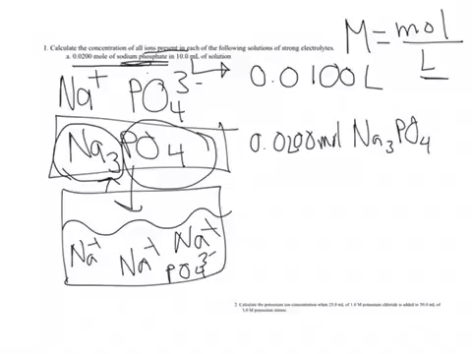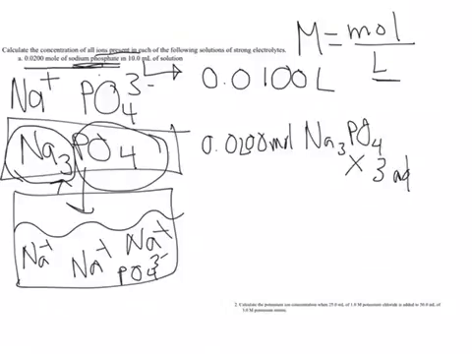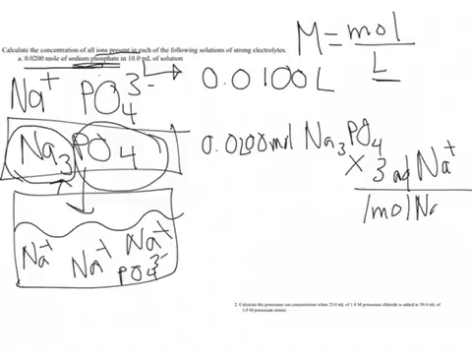We also know that in one of these compounds we have how many sodiums? 1, 2, 3. So if we're trying to find out how many moles of sodium we have, we need to take this number and multiply it by the ratio 3 moles of sodium over the 1 mole of the whole compound.